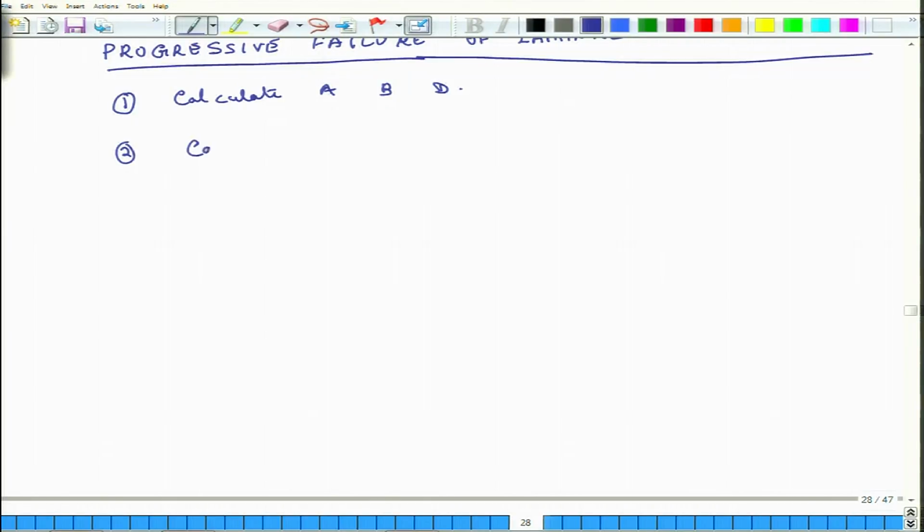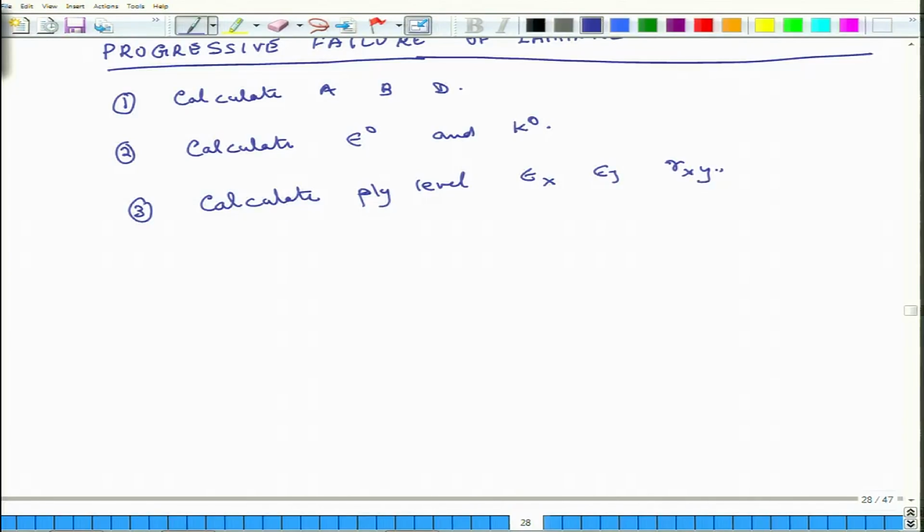Second, calculate epsilon naught and K naught. Third, calculate ply level epsilon x, epsilon y, gamma xy.